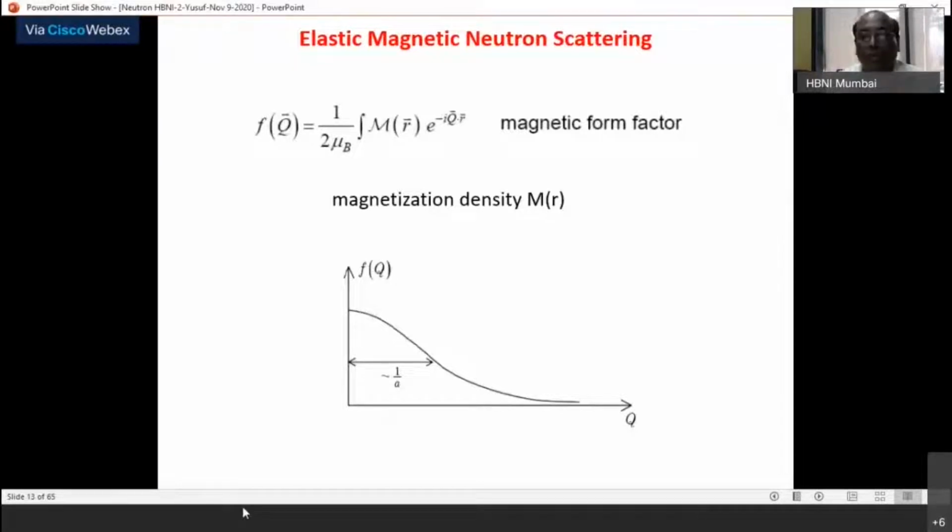But at higher 2 theta, you don't see magnetic Bragg peaks. So why is the intensity not there? This is one of the most promising reasons, that you see the form factor which occurs.